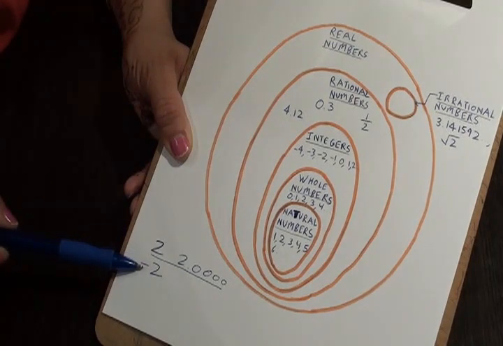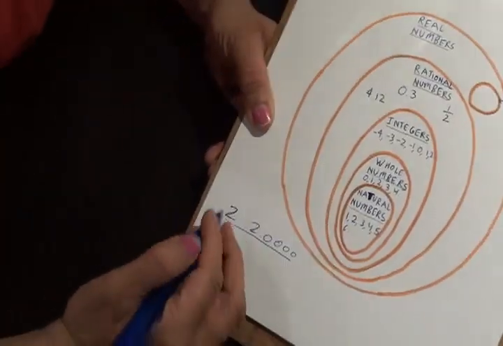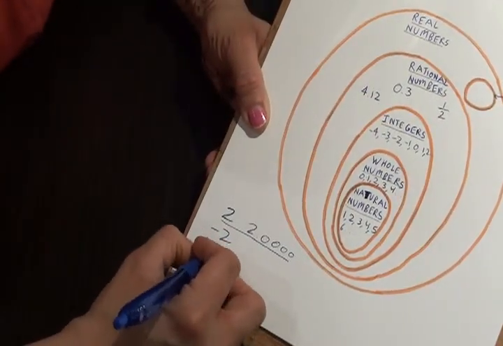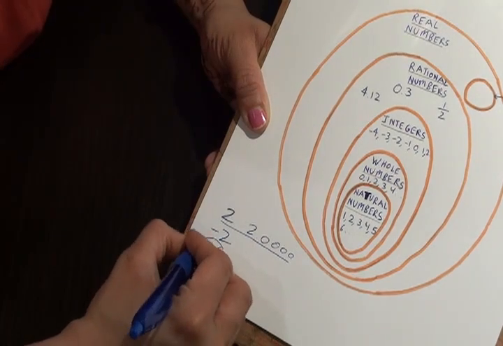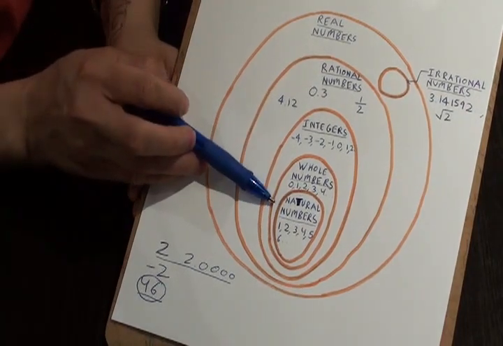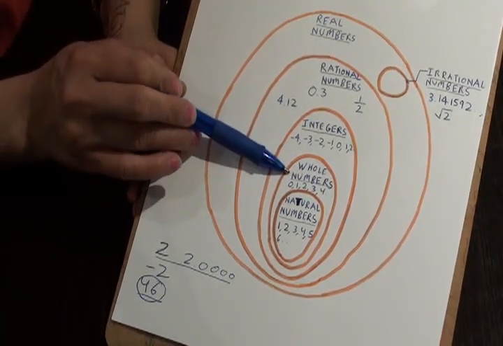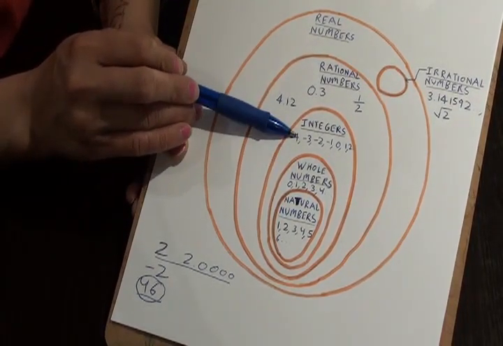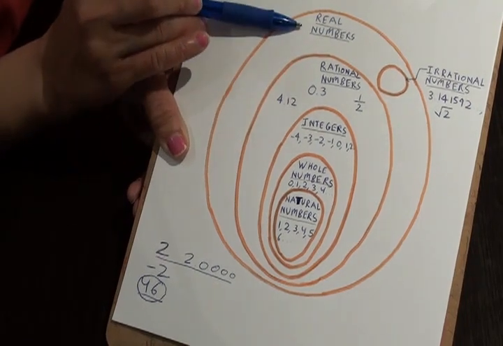Likewise, I have this number 46. This number is a natural number, a whole number, an integer, rational, and real.